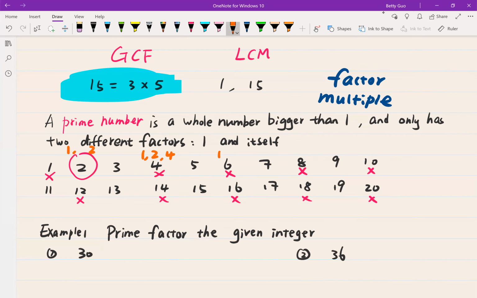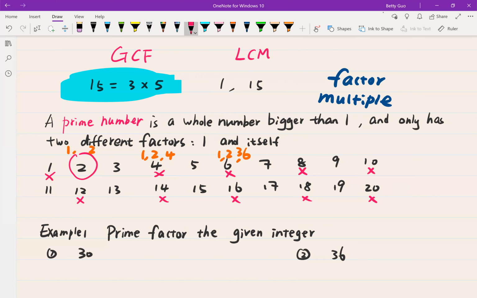Besides 1 and itself, it has 2 as a factor. Actually, 3 is also a factor. So it has more than 2 factors. That disqualifies 6 as a prime number. Other even numbers are all composite.